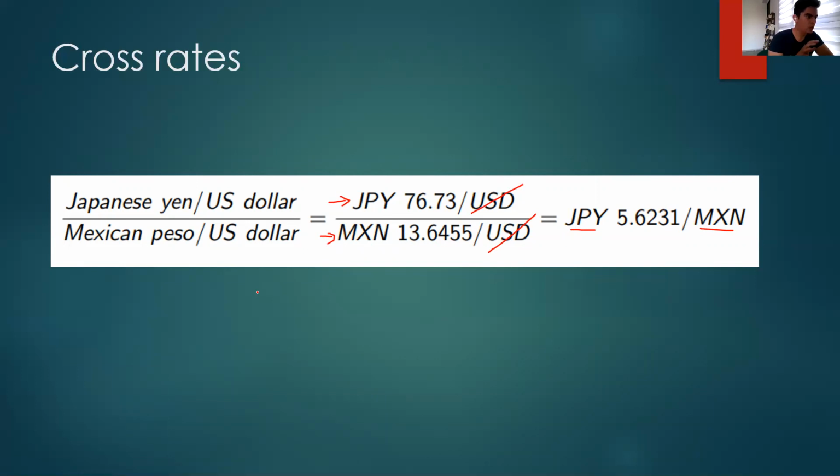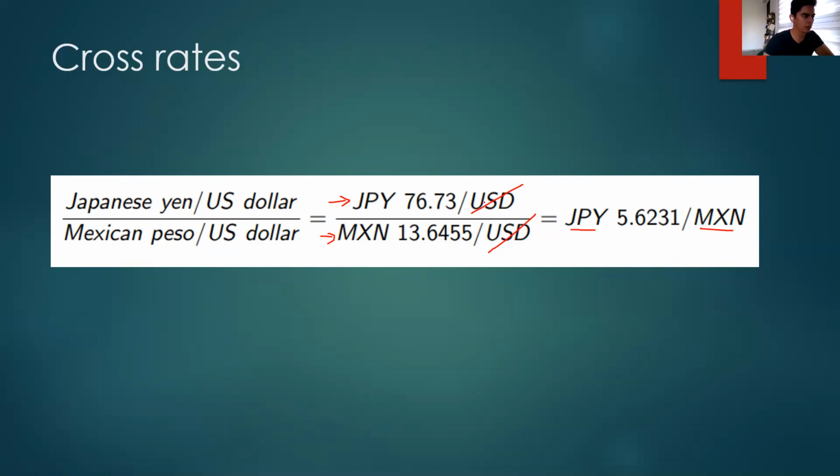Whenever you are calculating any cross rate, you need to do two things. Make sure that you have the same currency at the bottom. It doesn't have to be dollars. Usually dollars are the easiest way to calculate the cross rate because the exchange rate with dollars exists everywhere in the world, but it's not a rule. Just make sure that the same currency is at the bottom of the division.